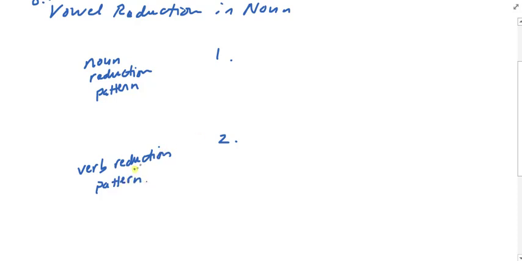All right. If you take a look at number 1, where I've asked you to write noun reduction pattern, Ross gives you a couple of words where we see vowels becoming vocal shava. Let's take the word navi. The word navi means prophet. The way it's written and spelled here, how many syllables do we have? 2.